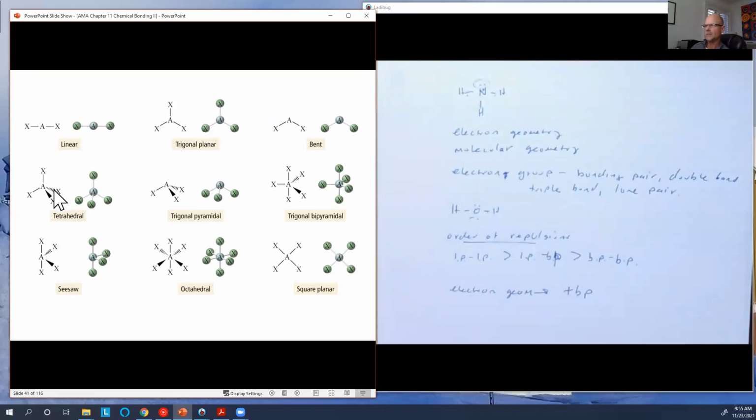A dash means it's going into the paper, and a wedge means it's coming out of the paper. So in this case, you have this bond going into the paper and this bond going out. Here is the seesaw shape. You see these three atoms are in the plane of the paper, one going in and one coming out. Anyway, you can review this on your own to see how you can represent these on paper when you're working out problems.